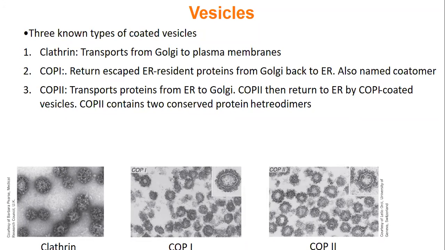Golgi can bind COP2. So it'll say, oh, this is a vesicle with COP2, that must be coming to me. Plasma membrane can recognize this Clathrin. Oh, you're Clathrin? Okay, you must be coming to the plasma membrane. Please come in. So yeah, they are recognized by receptors at their final location.